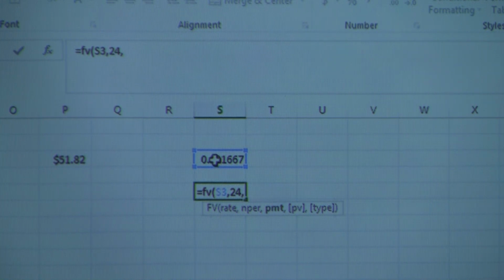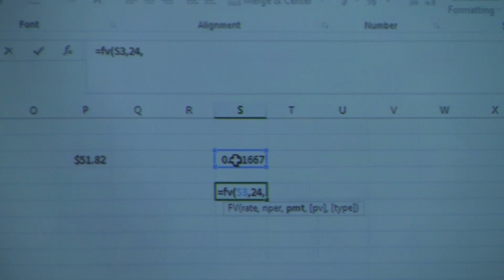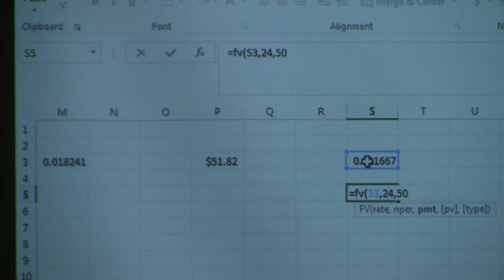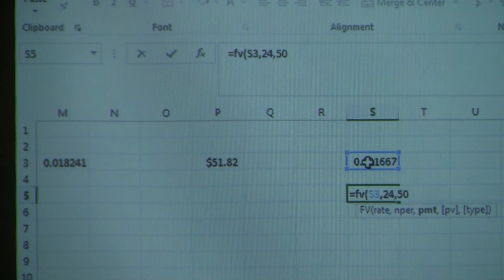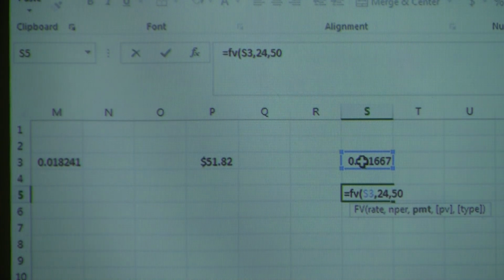Am I making payments? I see one nod. I see two nods. 3, 4, 5, all right, good. Is there a present value in this particular situation? No, very good.